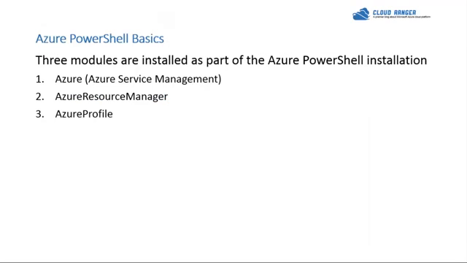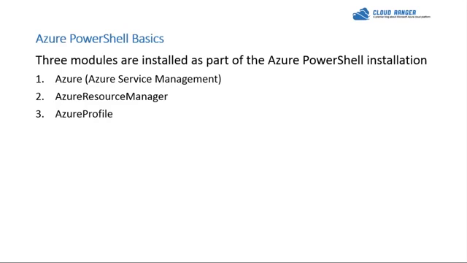When we installed Azure PowerShell a moment ago, three modules were installed. One is the Azure module, which is the Azure Service Management. Then we have the Azure Resource Manager and the Azure Profile. These are the three modules installed as part of the installation.